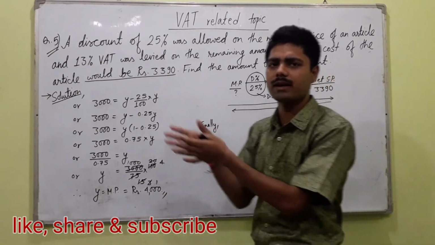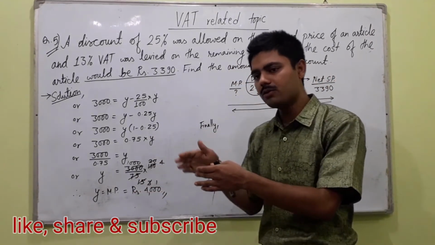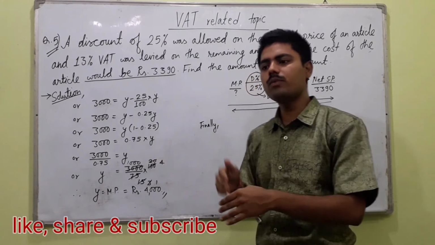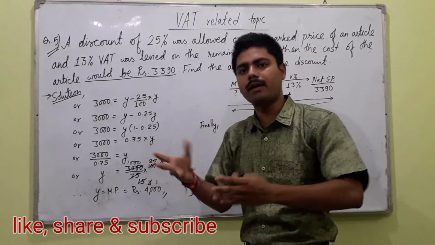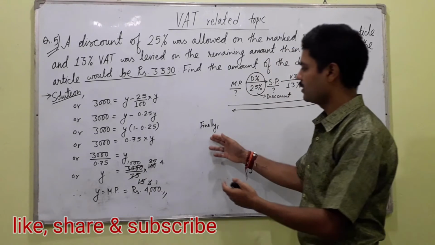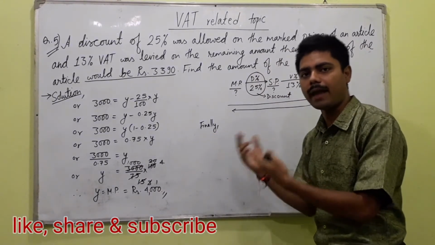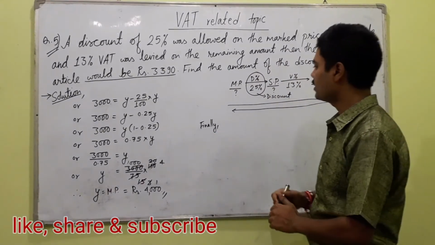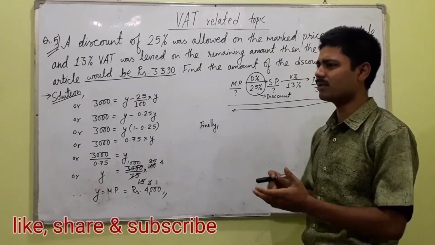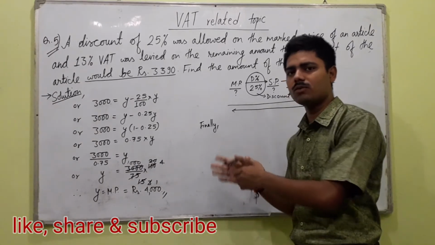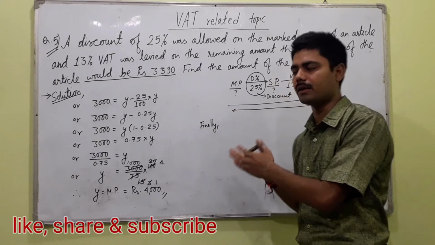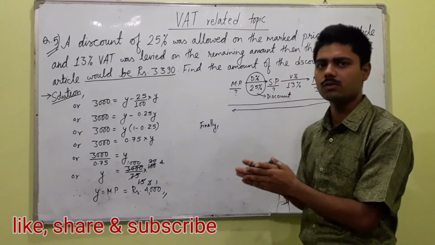While starting, you can write here. In the middle, when you do another step, you can write then. If you still have to do another step, you can write again. Or later on, in the final step, you can write finally, hence, therefore. This type of words you can write. Don't get confused that the teacher has used this word, so I will always use the same thing again and again. You must be good at English also.